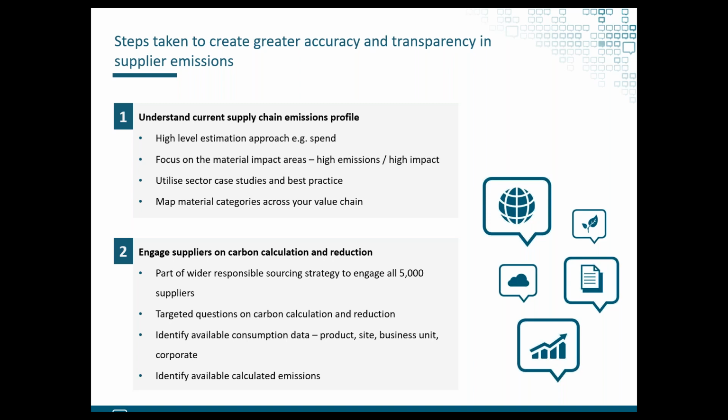Alternatively, will the supplier only be able to provide data to calculate a total annual corporate emissions figure, which would then need to be allocated accordingly? Or perhaps the supplier is not in a position to provide any data to directly inform emissions calculation.